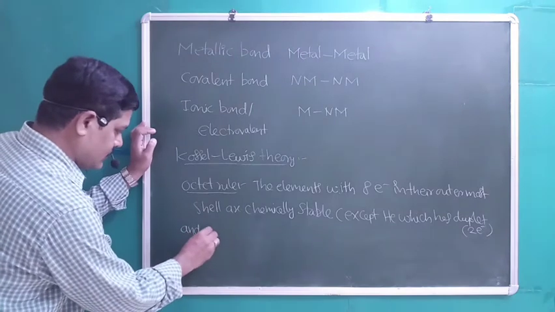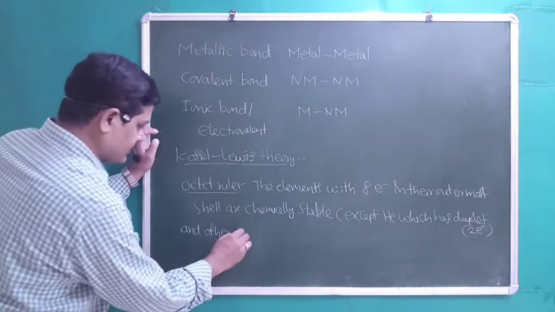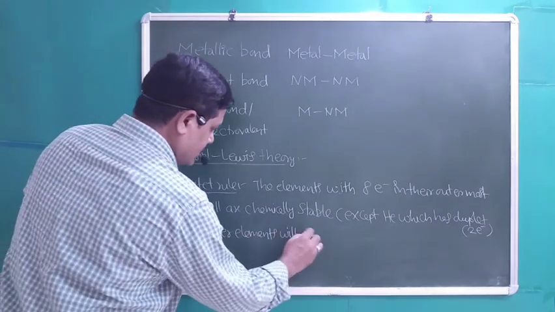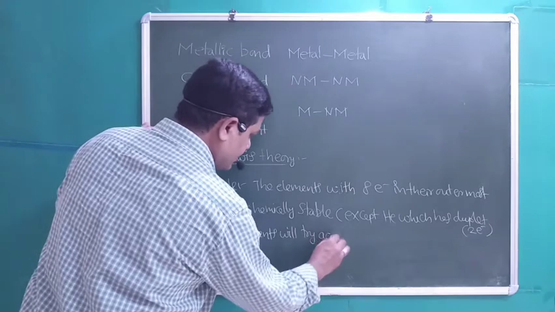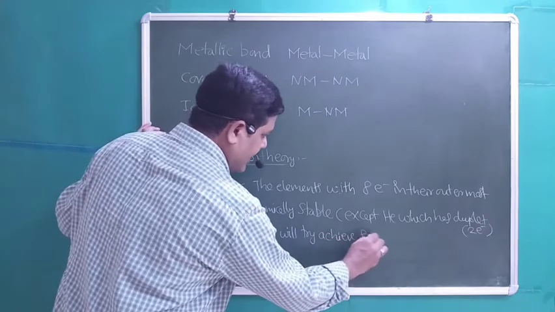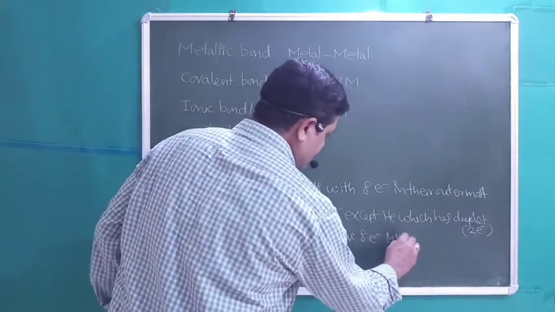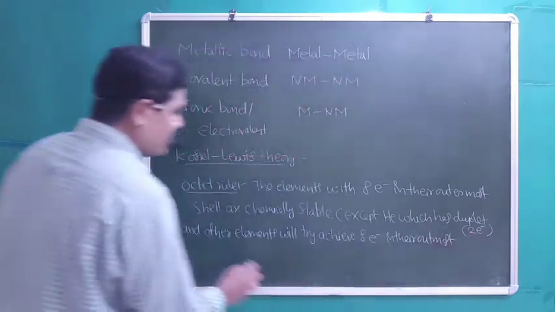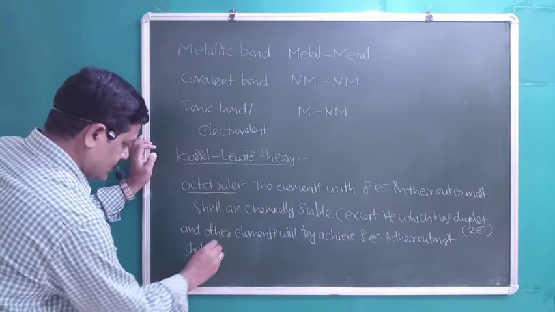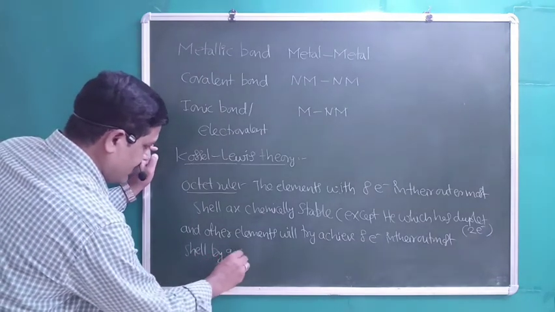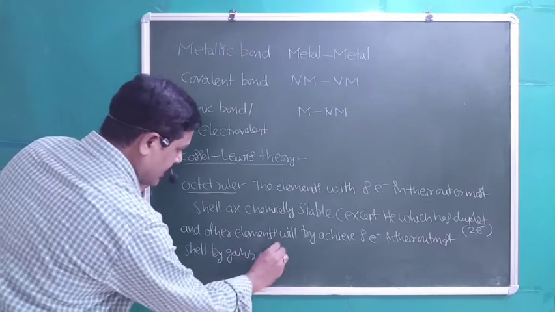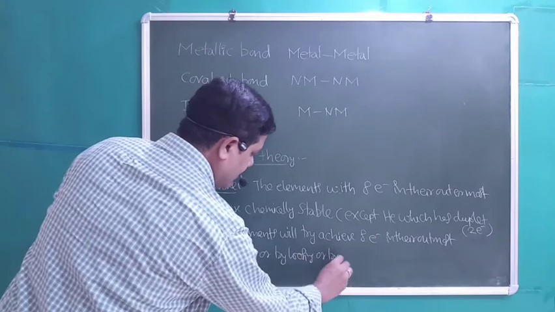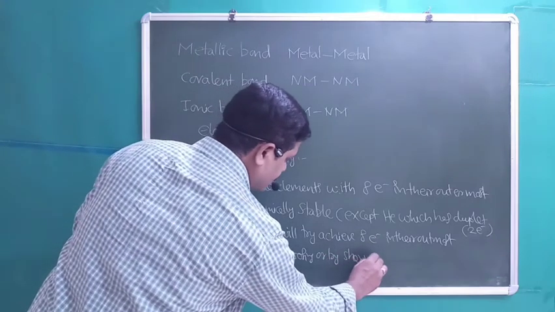And other elements will try to achieve 8 electrons in their outermost shell by gaining or by losing or by sharing the electrons with other atoms.